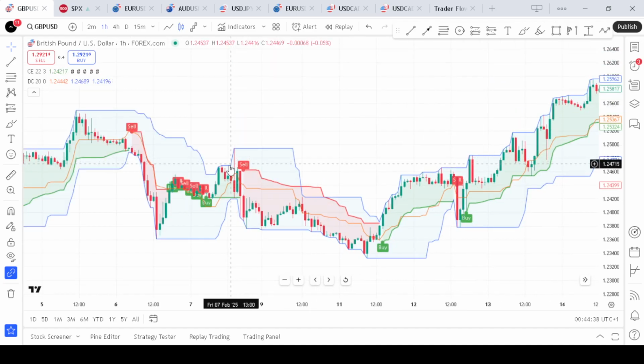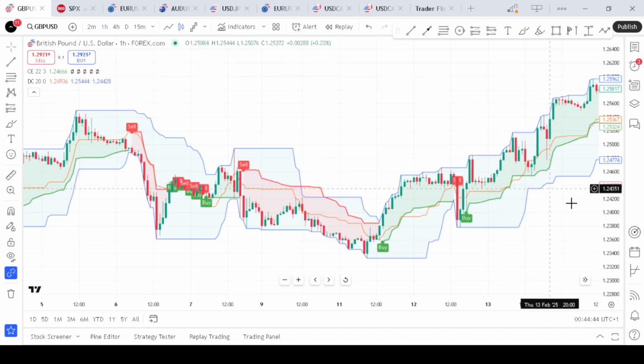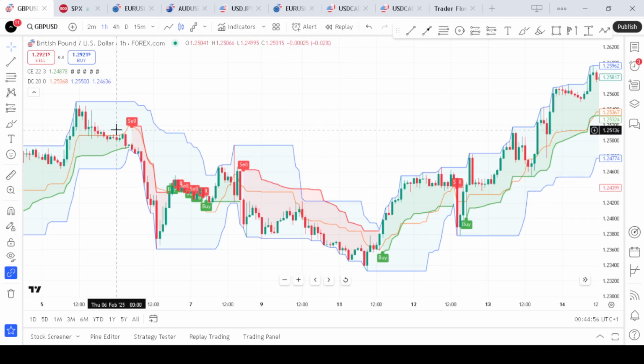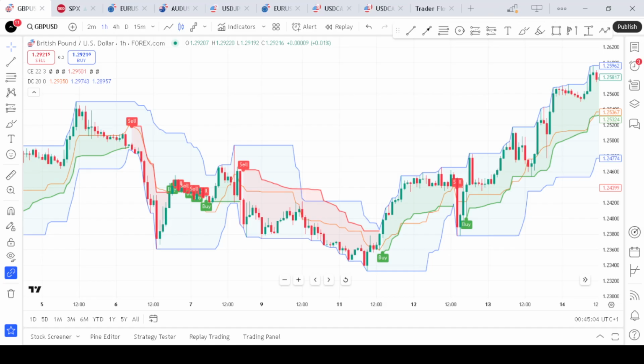Now, the Chandelier Exit protects your position by trailing stop levels dynamically, while the Donchian channel confirms breakout direction. So this dual layer approach provides clarity in identifying trends and managing your exit efficiently.